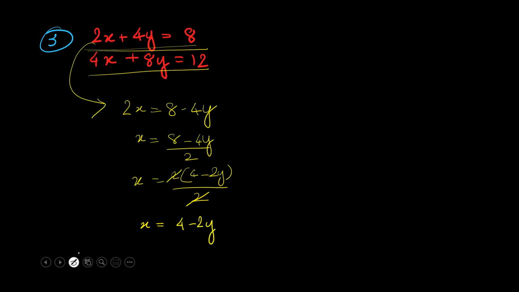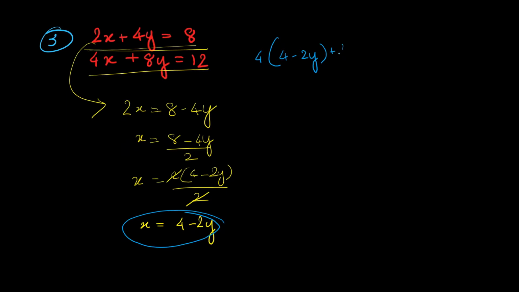So basically now this 2 cancels out, my x is going to be 4 minus 2y. Now let's do one thing. We'll replace this value of x in the different equation. So that is going to be 4 times (4 minus 2y) plus 8y equals 12.